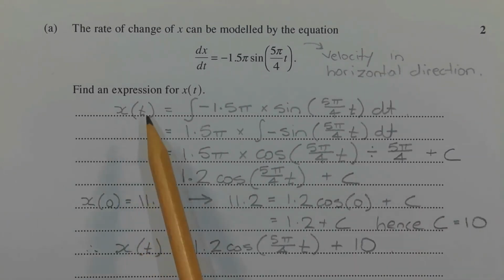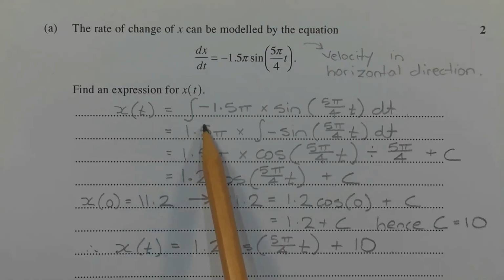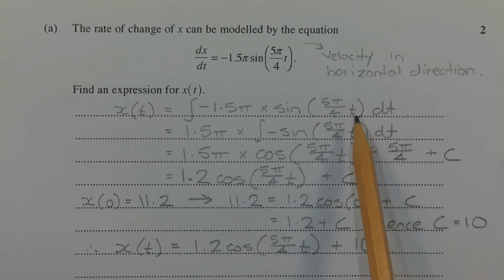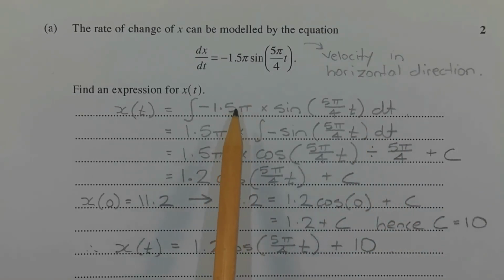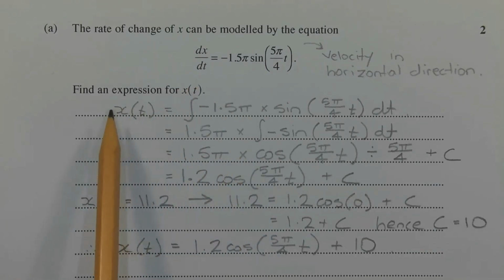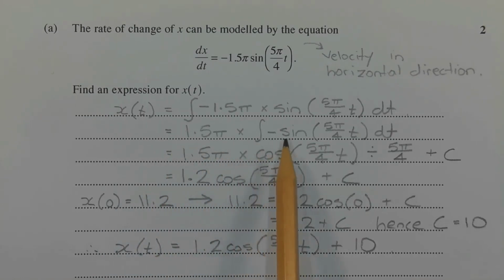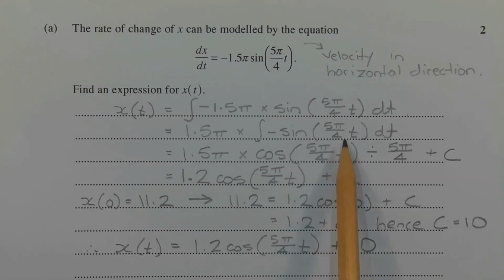So x of t is equal to the integral of negative 1.5 pi times sine of 5 pi over 4t dt. I'm going to take out 1.5 pi outside of the integral, just to make it a little bit easier. So x of t is equal to 1.5 pi times the integral of negative sine 5 pi over 4t dt.